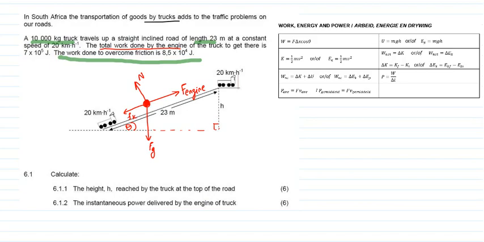So using this information, we can try to calculate that height. Now, another thing is this. Height: when you look at the equations that you are given for work, energy and power, the one that has height is the one that is talking about the potential energy.